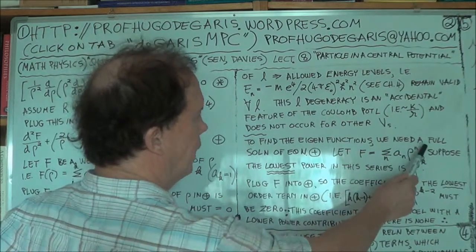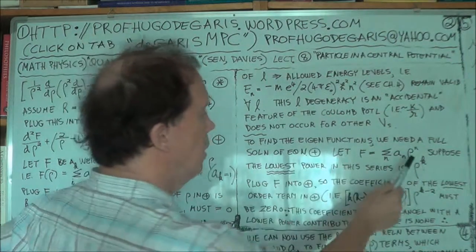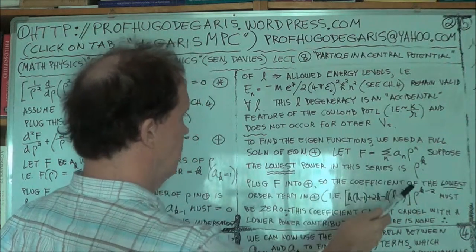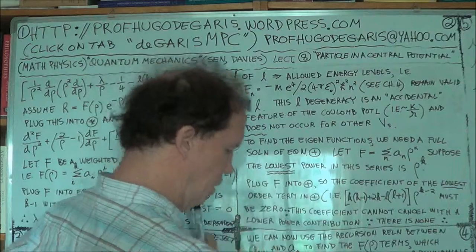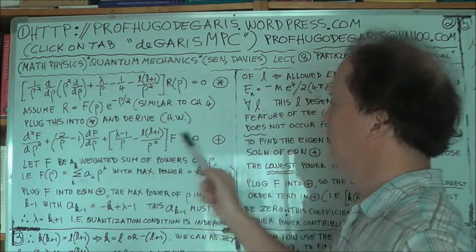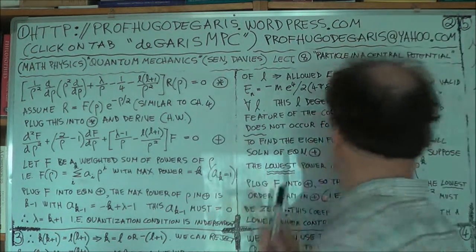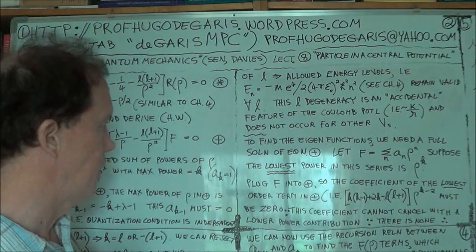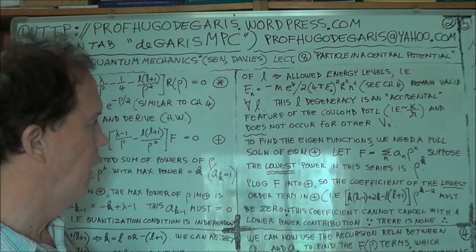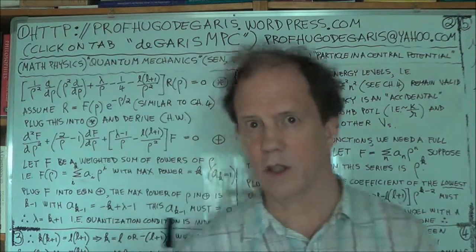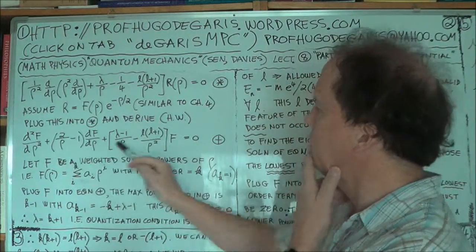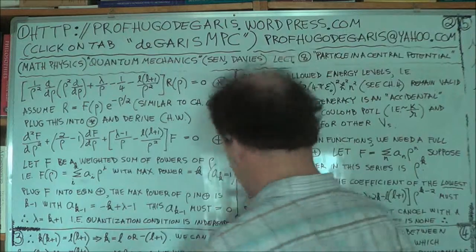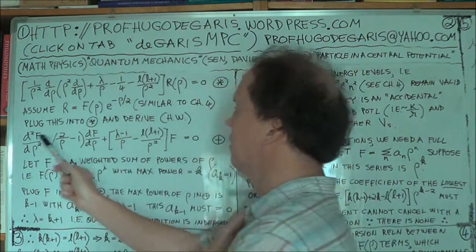So again, plug in, substitute, put this, which is f, into the equation again, this one, plus circle, and have a look at the coefficient of what you get when you put this into this.